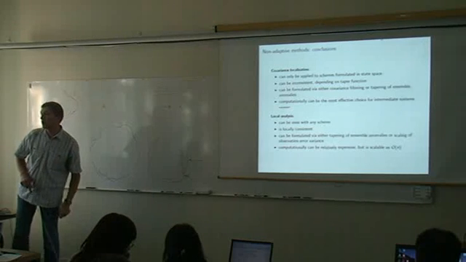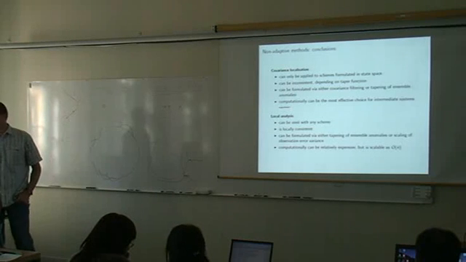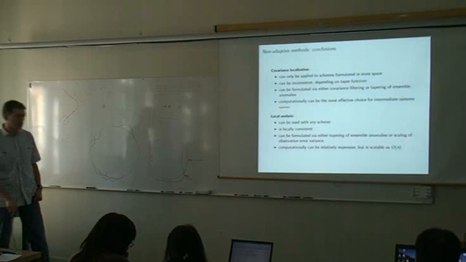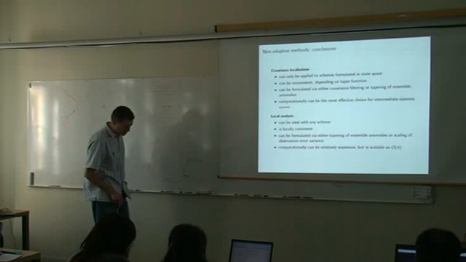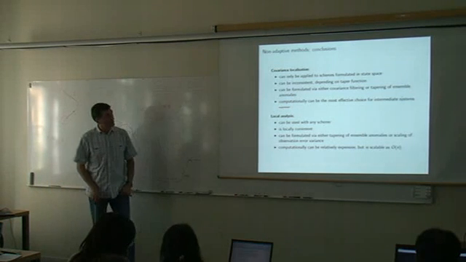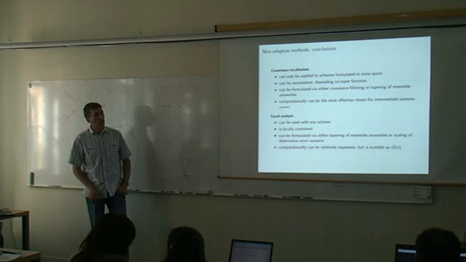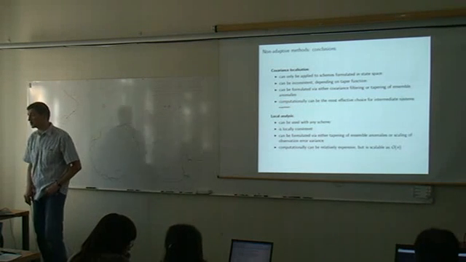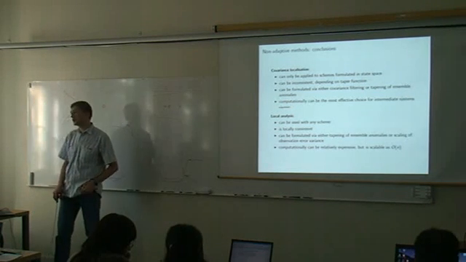How do you decide the size of the window to use for the local analysis? Yeah, that's a good question, and the right answer is by tuning. We try different sizes.